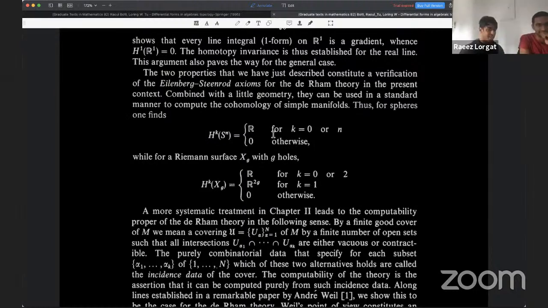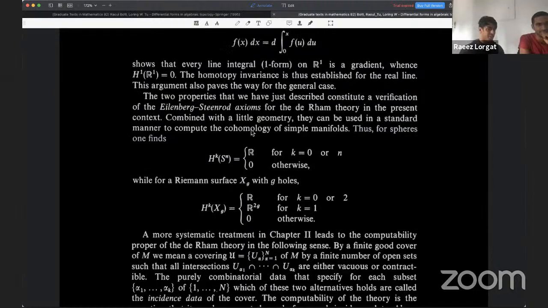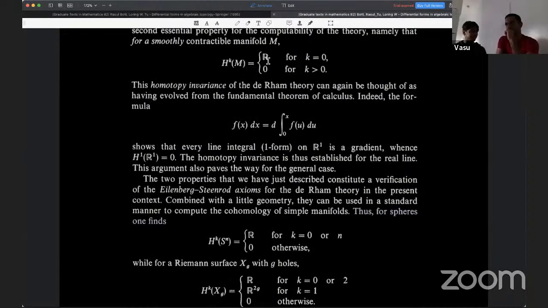For the spheres, you basically find, how do they differ from Rn? Essentially, they have the same cohomology in degree 0 as Rn, right, for the n-sphere. But in degree n, there's a spike, there's an amplitude in degree n, which is coming from the cycle of the sphere itself.